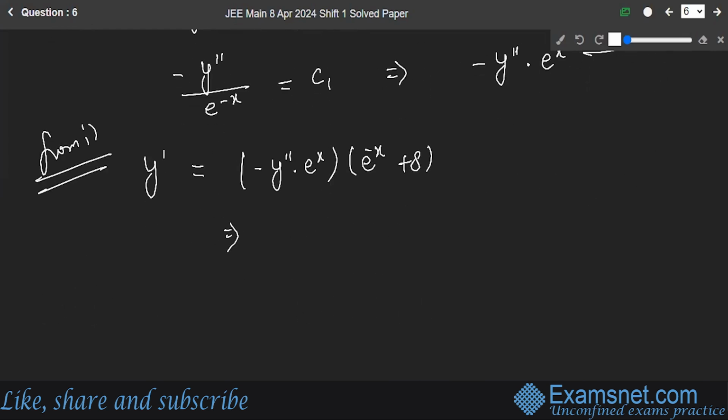Correct? So this will give me minus y double dash, because this and this will cancel out, minus y double dash e power x, plus 8 y double dash.